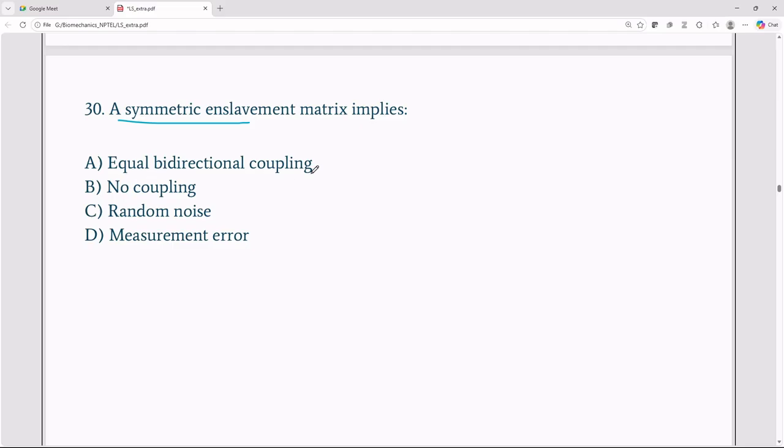Options are option A, equal bidirectional coupling, option B, no coupling, option C, random noise, option D, error. Correct answer is option A.